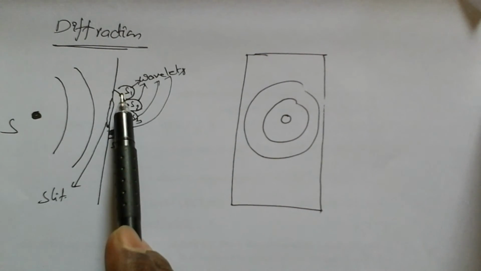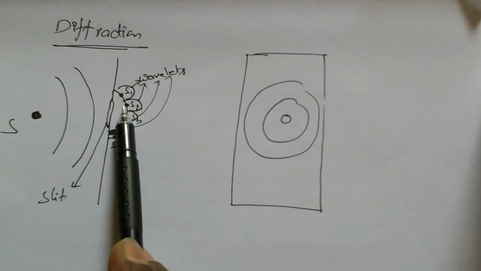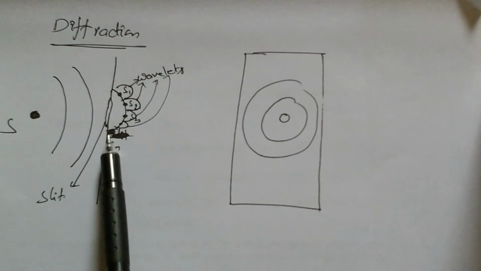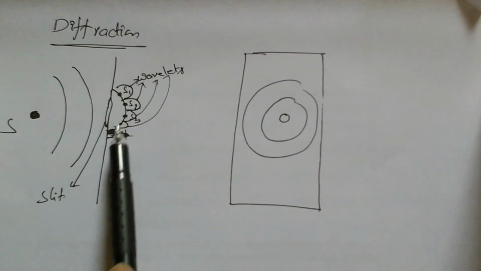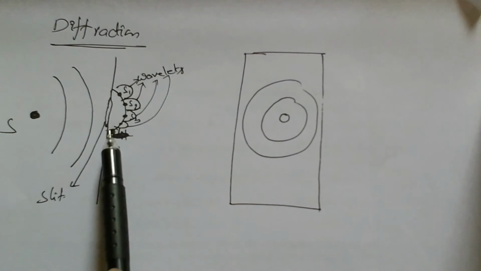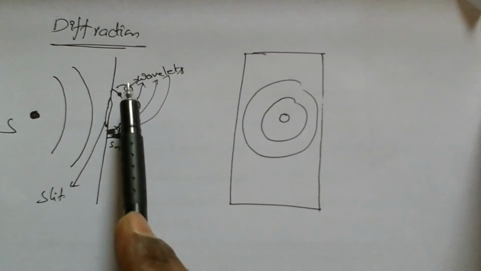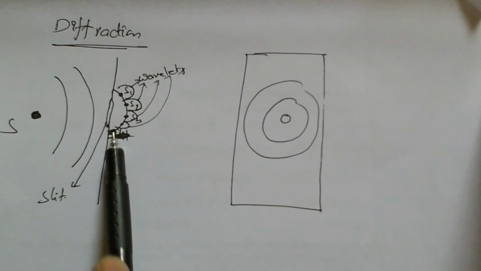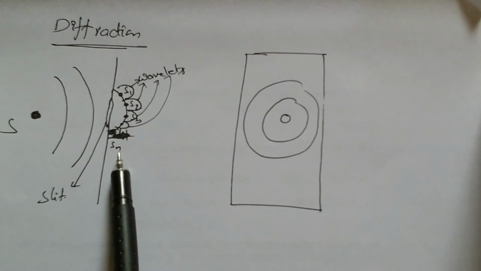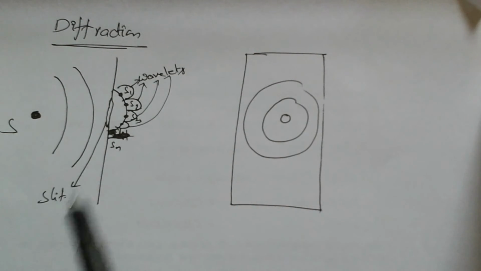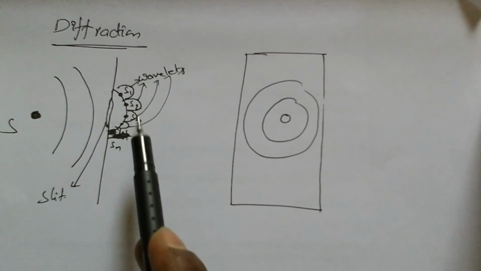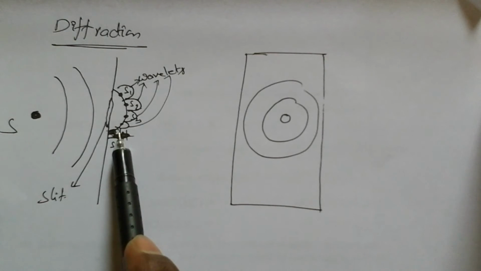The wavefront has some points on it, whether spherical or plane. It contains points S1, S2, S3 and so on up to Sn. This S1, this S2, this S3 and Sn.